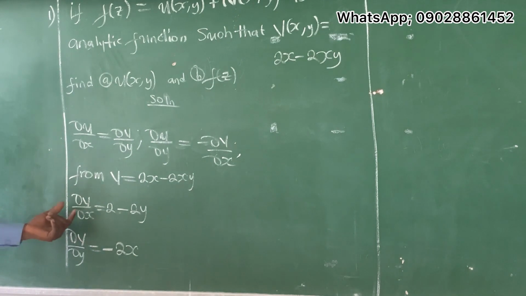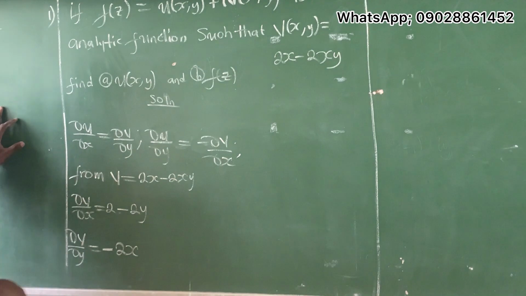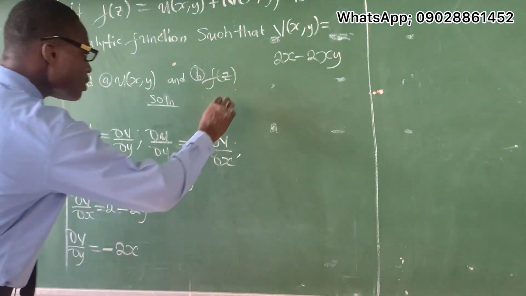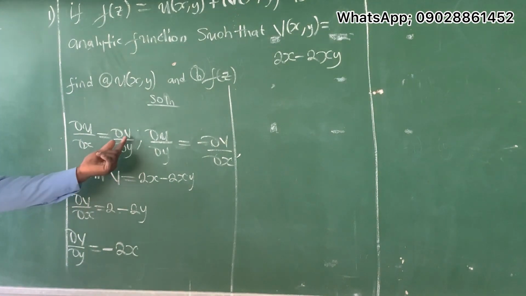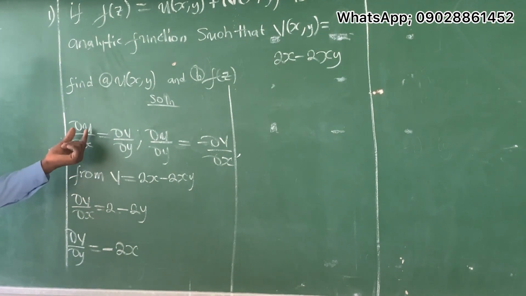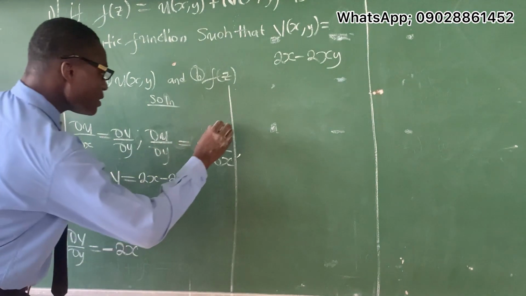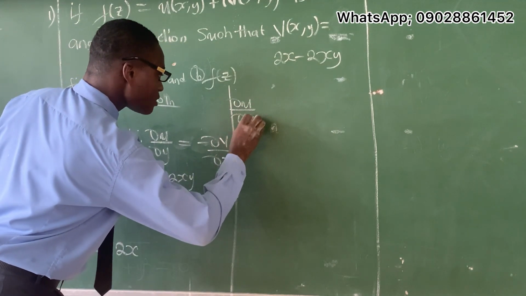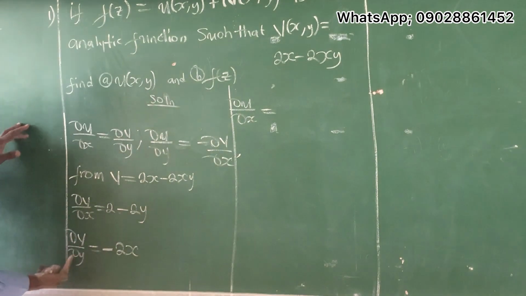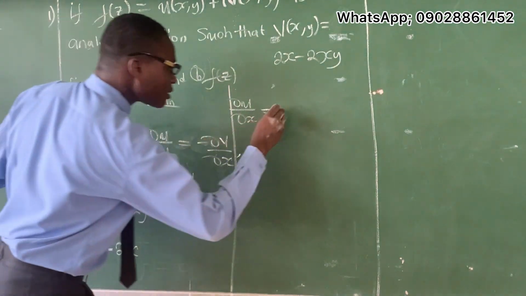So this means that we have the derivative of the imaginary part with respect to x and the derivative of the imaginary part with respect to y. So let's compare it to the given condition. We said that partial u partial x is equal to partial v partial y, which is minus 2x.